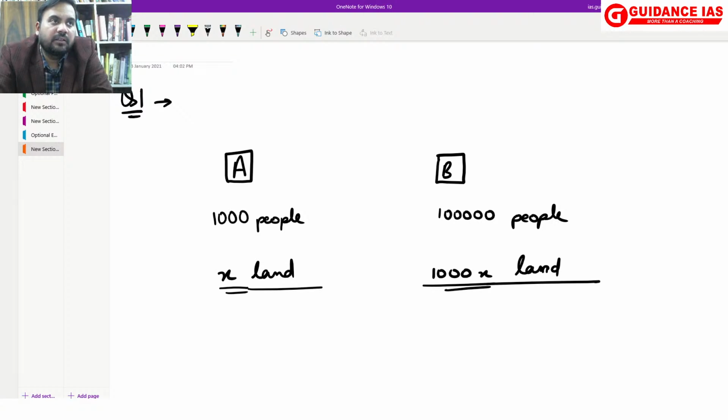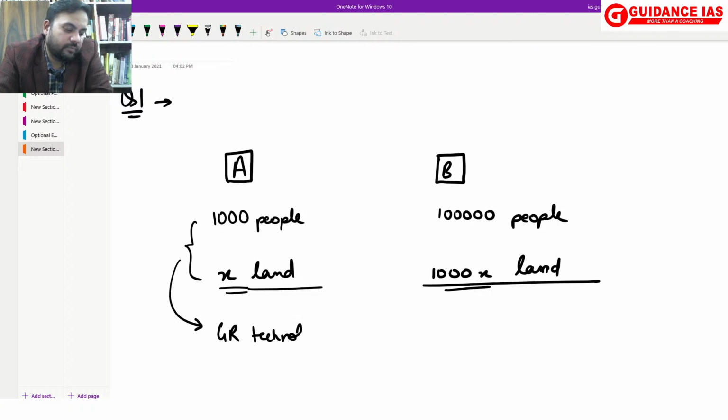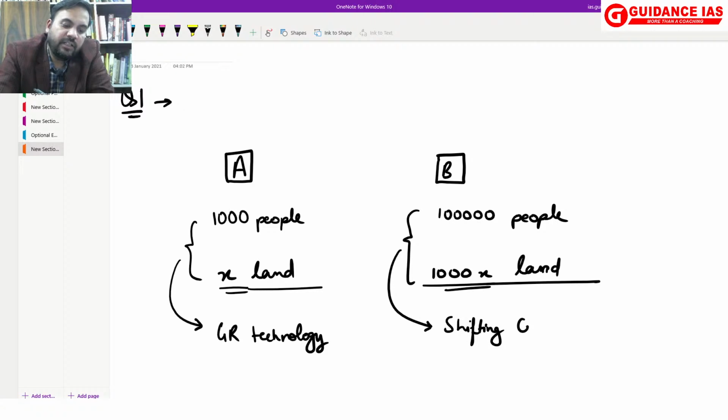Okay. But tell me, in case of A, they are using green revolution technology, while in this case these people are using shifting cultivation.